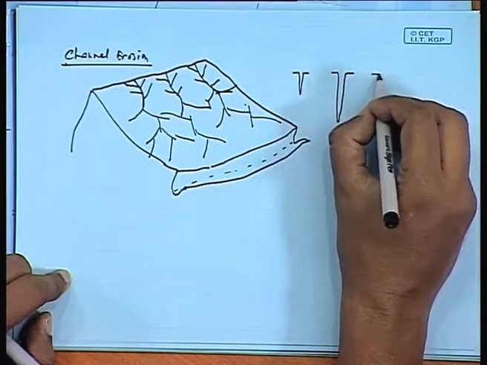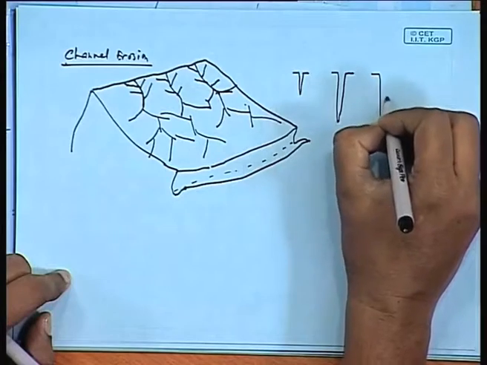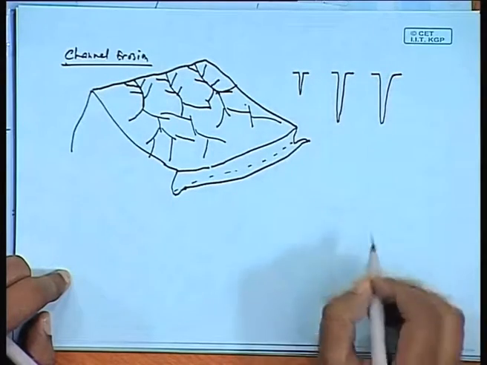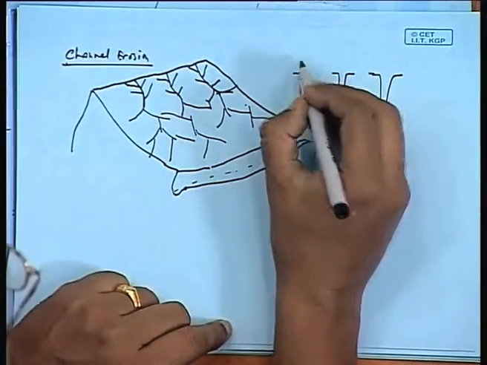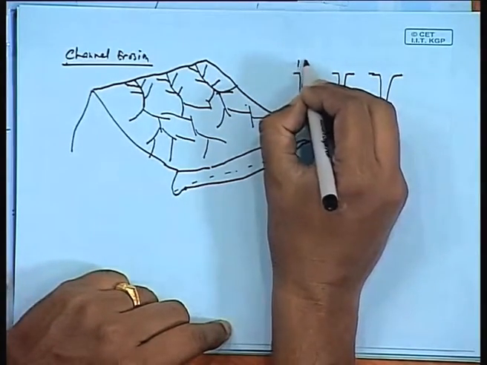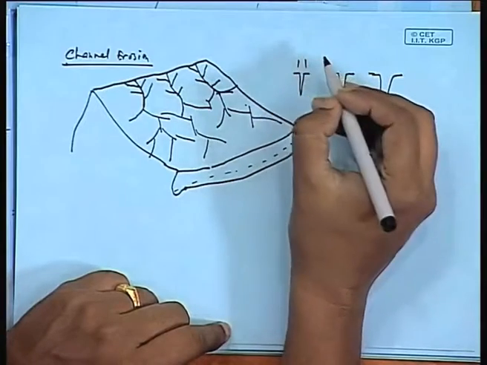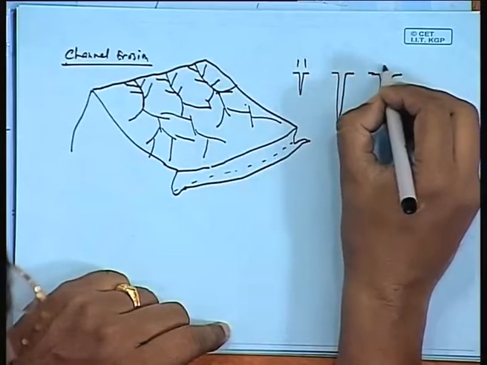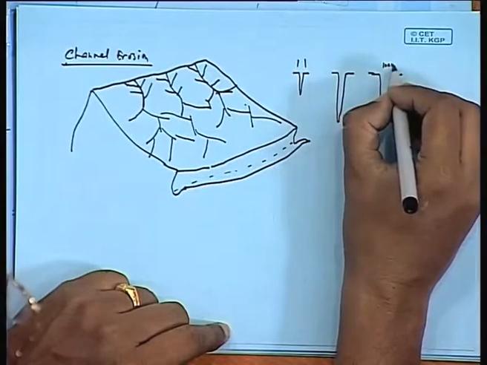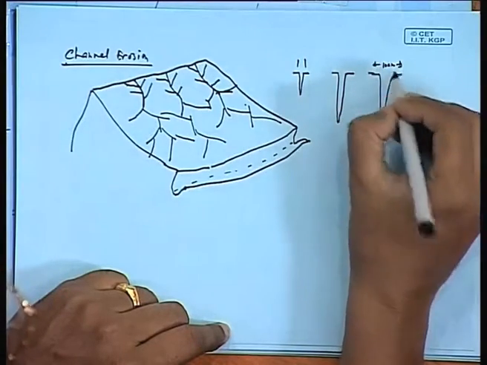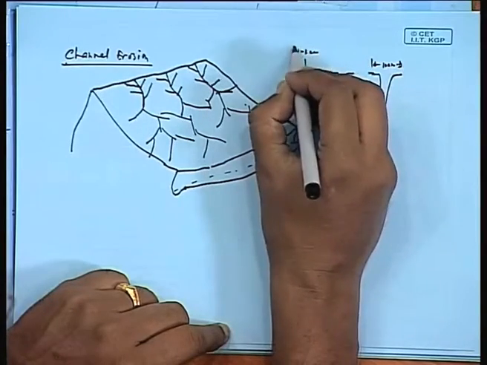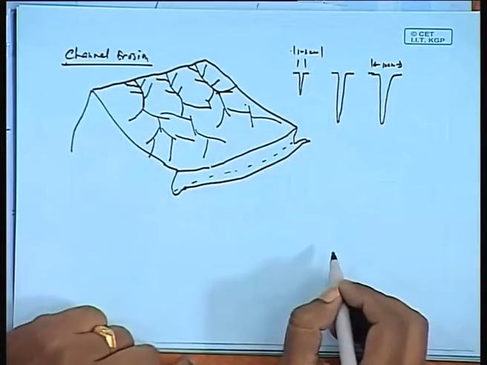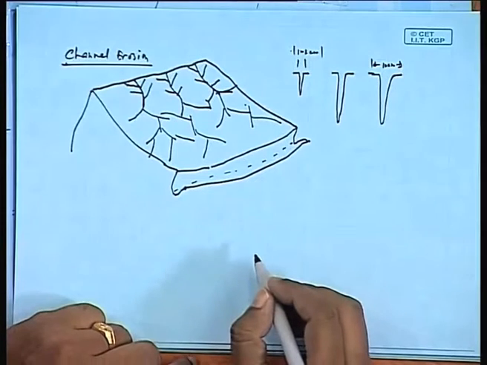These channels mostly start at say 1 to 2 centimeters, but at the end can be up to 10 centimeters. This is where it starts. So this is the channel.